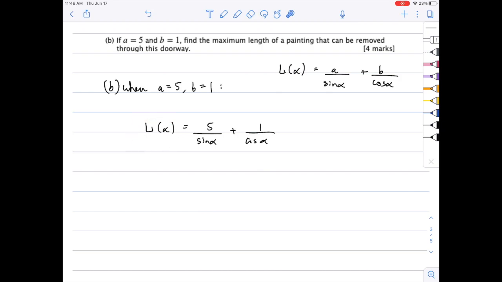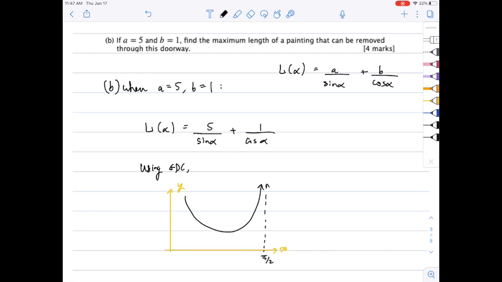One way to do that is to do the derivative. Another way, because you have a calculator, is to just use a calculator. That's what I'm going to do. So I'm going to say, using GDC, here's the graph of the function.